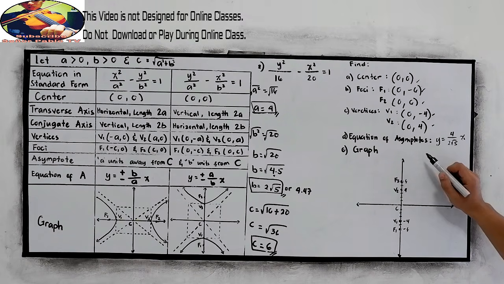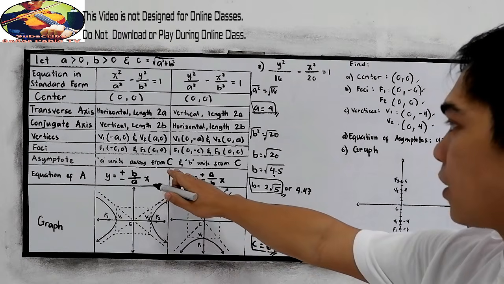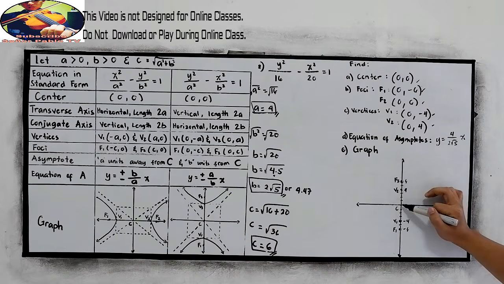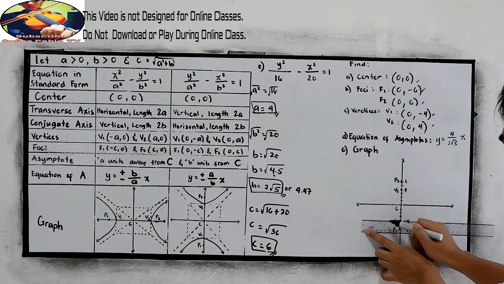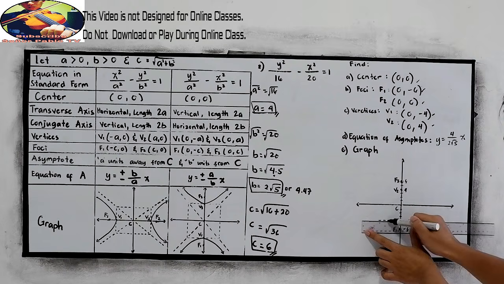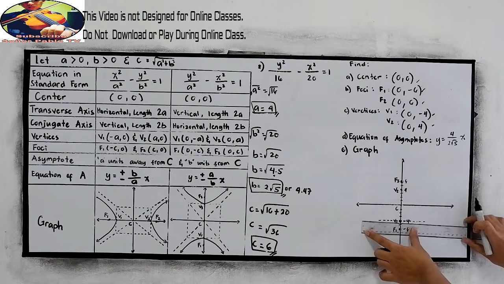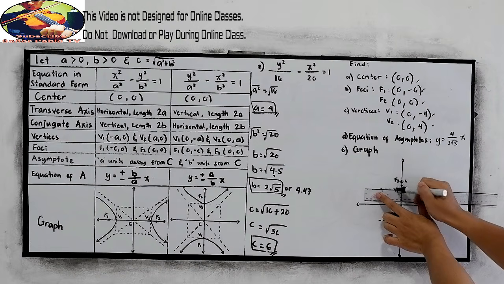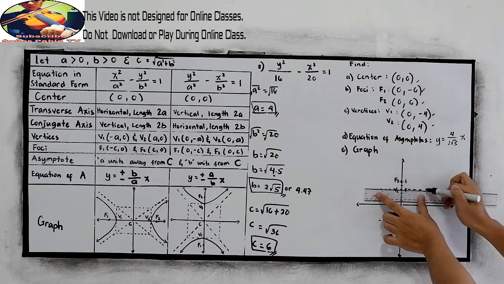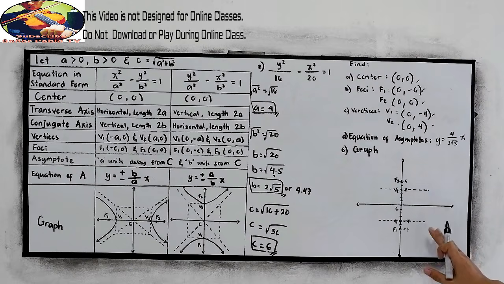So for our rectangle, A units away from the center, A units. A is 4: 1, 2, 3, 4. So this is our first line for the side of the rectangle, and the second one. Now, for the remaining sides of the rectangle, B units.